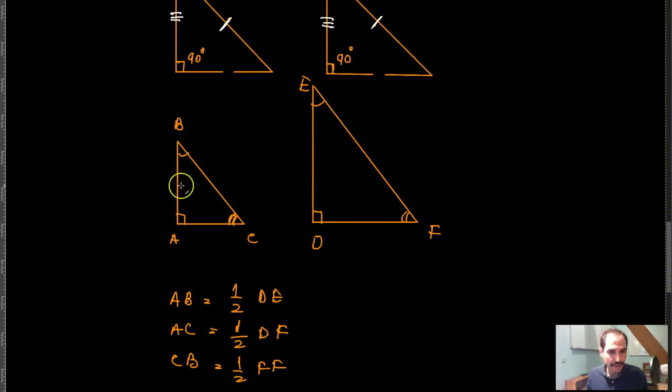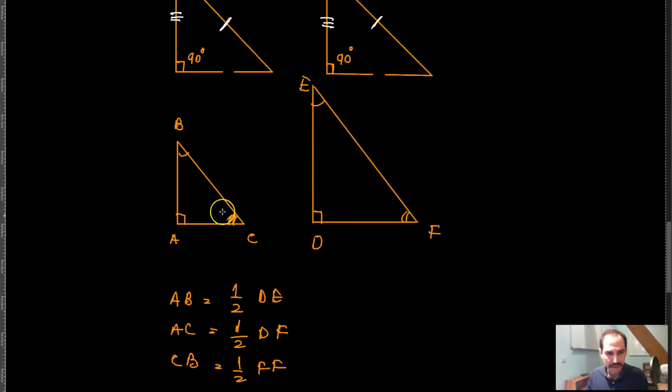So again, you can see that these sides stay proportional to one another because every side length is being multiplied by the same factor, meaning that AB times 2 is equal to DE, or AC times 2 is equal to DF, or BC times 2 is equal to EF, right?